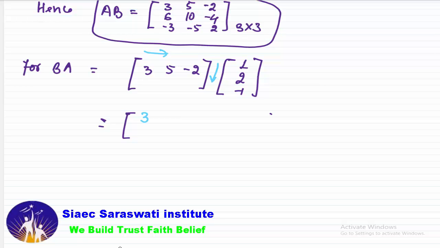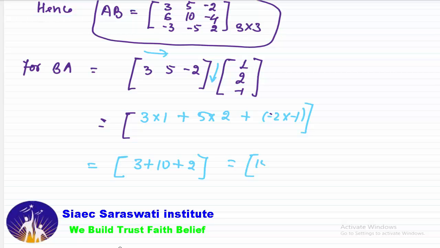So again, 3 into 1 plus 5 into 2 plus minus 2 into minus 1. So that will be 3 plus 10 plus 2, which is 15, first row, first column. So hence BA equals 15.